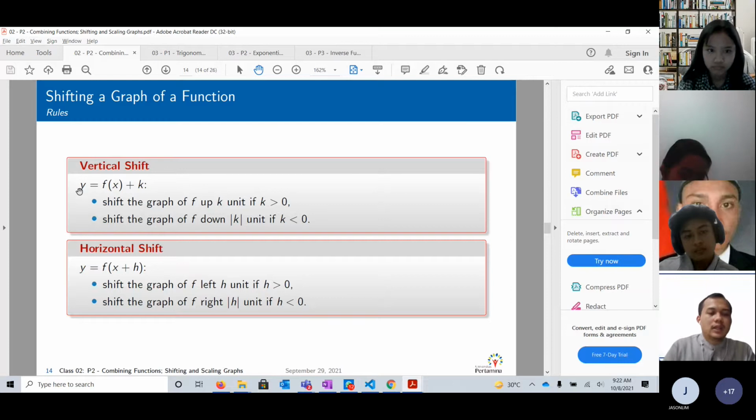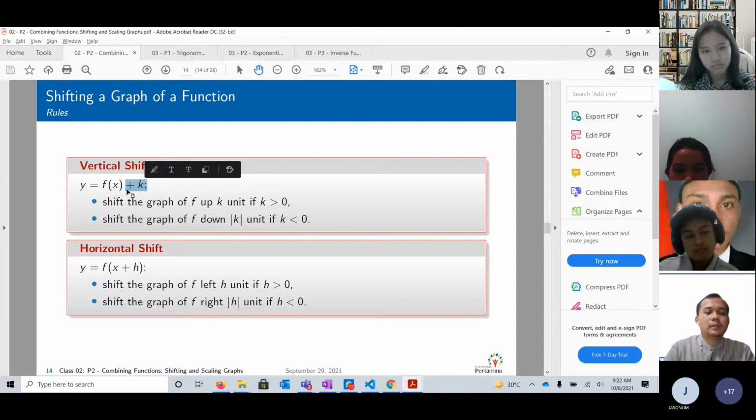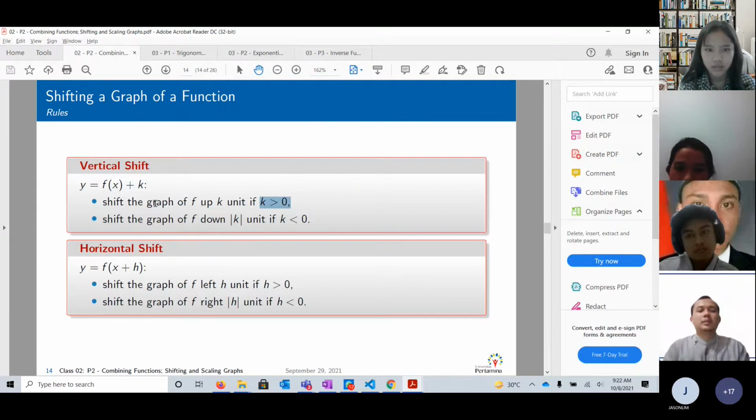Like, if we have the function y equals f of x plus k, the basic function is f of x, and now we shift it by k. If k is positive, we shift the graph up by k units, and if k is negative, we shift the graph down by absolute k units.